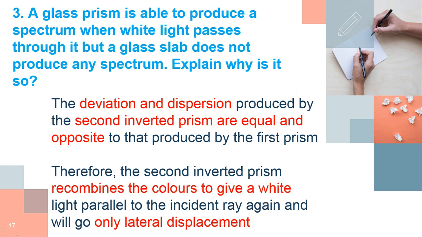So white light is dispersed and forms 7 colors. And these 7 colors are recombined by the second prism. So we get the white light. We get lateral displacement. We could not get a dispersion of light in a glass slab.